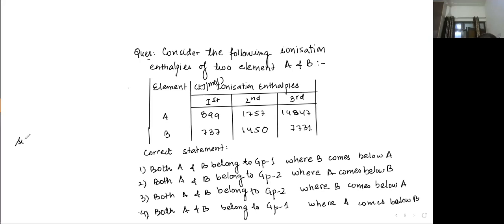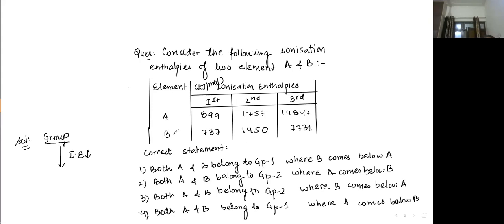Now see. In this, first tell me which will be up and which will be down. Moving down a group, what happens to ionization energy? It will decrease or increase? Ionization energy decreases. So between A and B, which will have greater ionization energy?